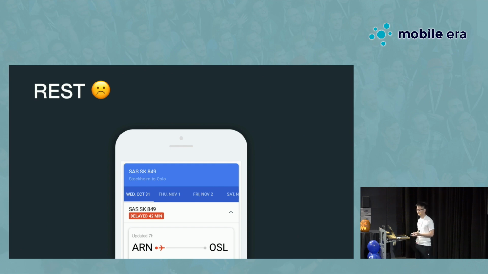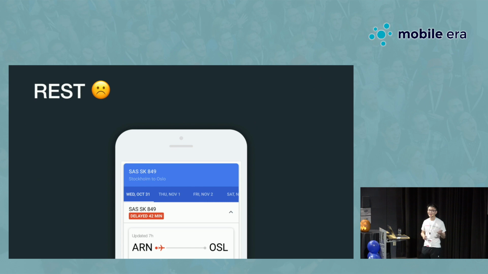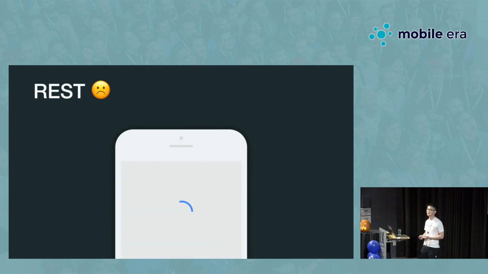Let's wait for 10 seconds and see what happens. So 10 seconds later, the browser still says 42 minutes late. Because we have waited more than 10 seconds, the data on my phone is likely to be out of date.